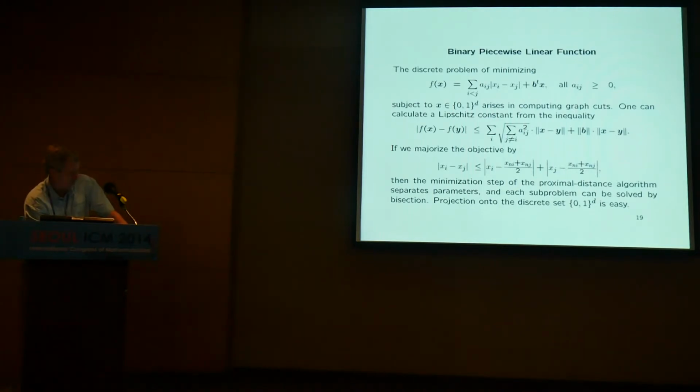The bottom equation here shows the majorization to use to separate the parameters. By separating the parameters, you turn this into a problem where you can update each component separately. So it's very fast. There's no linear algebra. And finally, to make this work, you have to project onto this discrete set. Well, that's trivial because every component of x, you just round to either 0 or 1, depending which is closer.